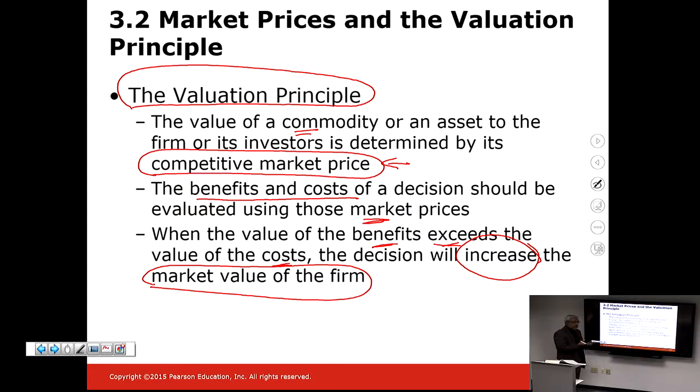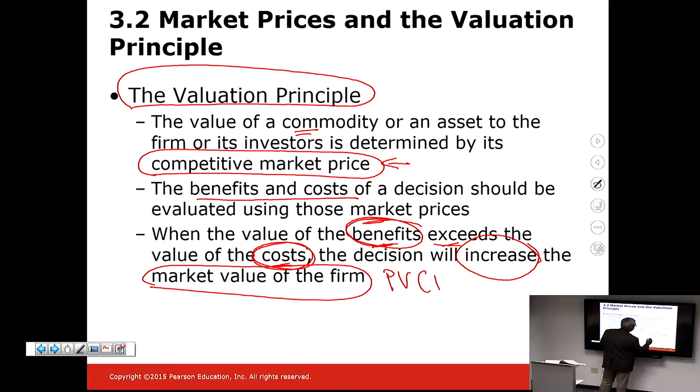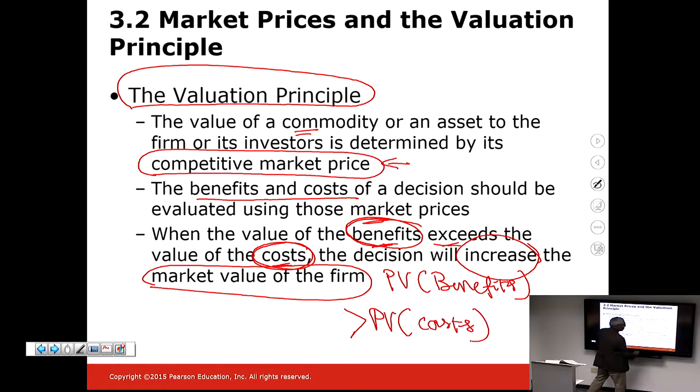And to do that, we have to look for opportunities where the present value of the benefits exceeds the present value of the costs. Present value of benefits is greater than present value of costs. That's the game in valuation, that's the game in business.